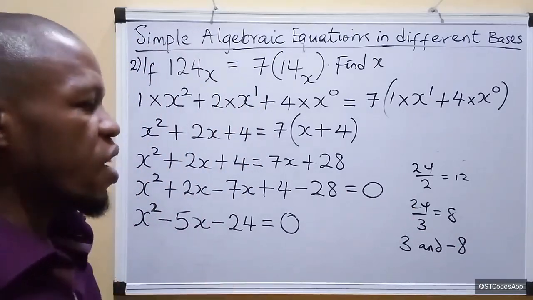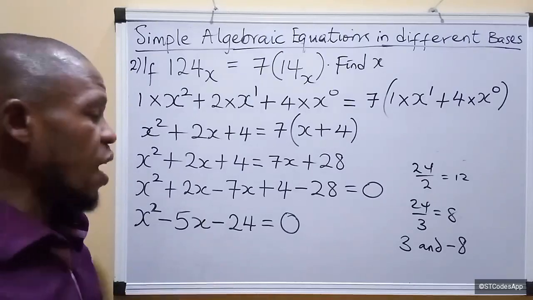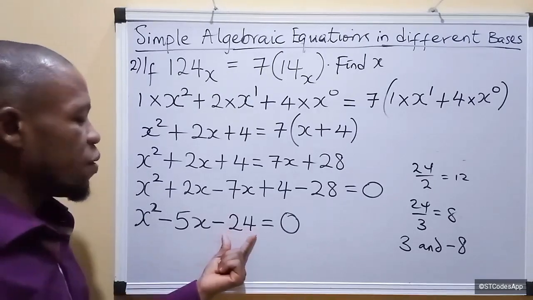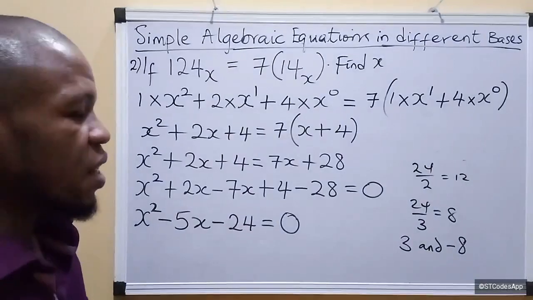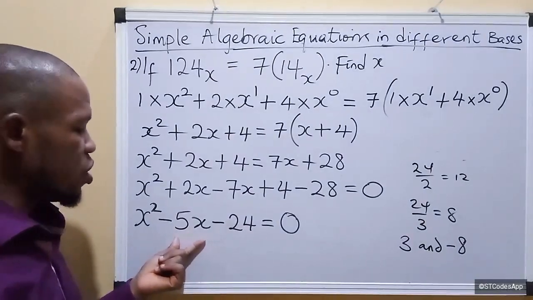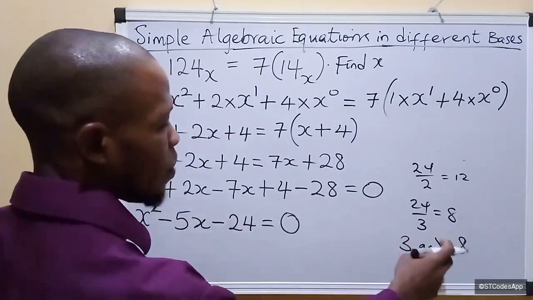The point here is we are looking for 2 factors that when they are multiplied, we are going to have the constant here, which is minus 24, and when they are added, we are going to have the coefficient of the middle term here, which is minus 5. And that's what we just did and got, 3 and minus 8.